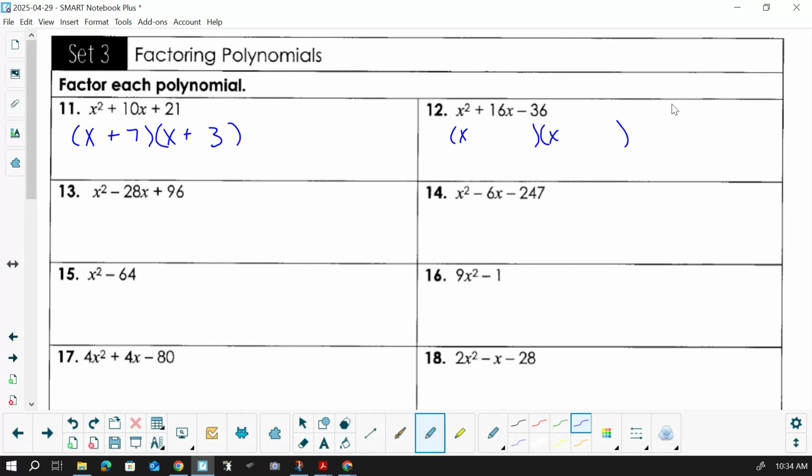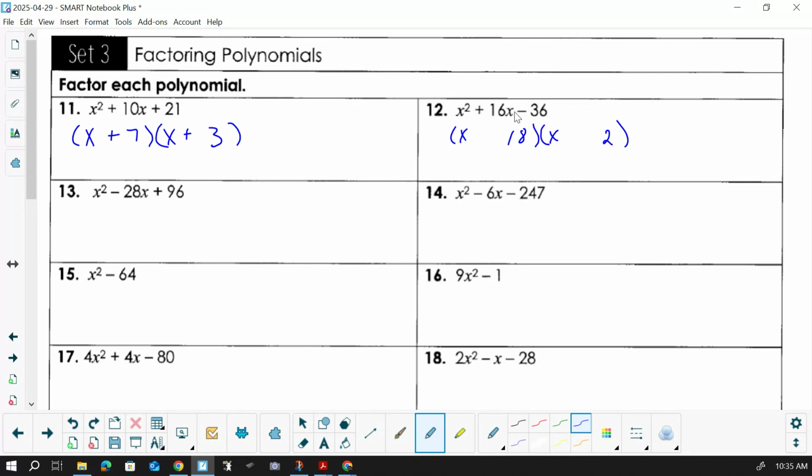Anybody got any ideas? Nothing? You don't got nothing? What could it be? How about 18 and 2? Now you might go, where in the world did that come from?